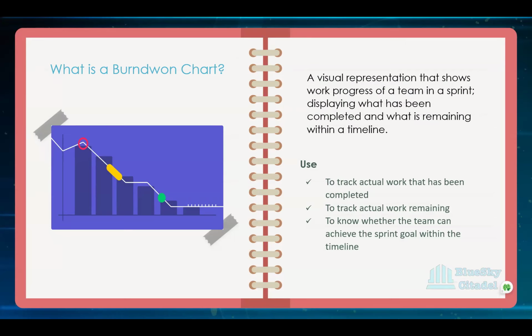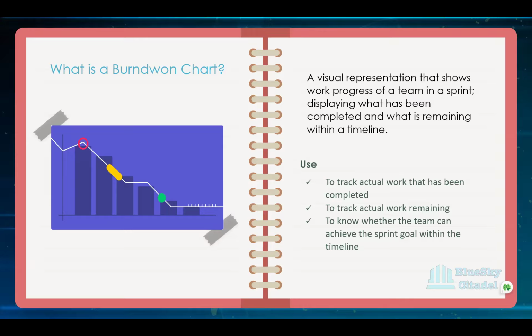So your burn down chart is looking at a sprint. Some burn down charts look at the release. So depending on what you configure it to show you, but it looks at the work progress of a team in a sprint. It displays what has been completed. It displays what is remaining within the time that is remaining for that sprint to end.